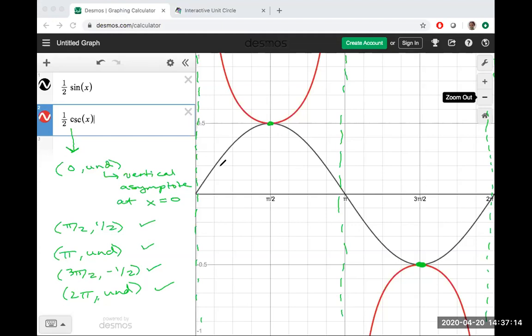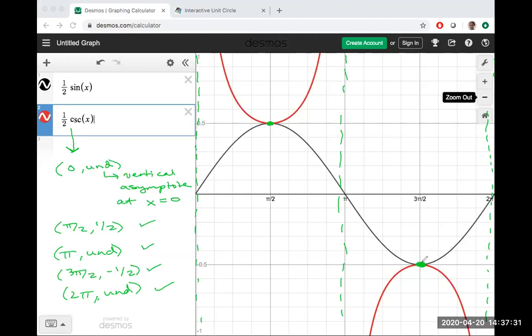Okay, so once you make your general sine or cosine curve, the easy way to plot the reciprocal graphs: wherever there's a max for sine, it now becomes a min for your reciprocal function.